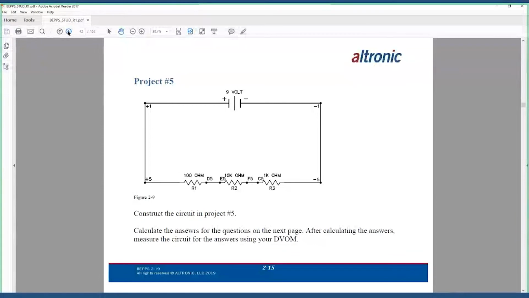But if we add everything back up, 0.081081 plus 8.1081 plus 0.81081, I'm off just a little bit, but 8.999991 volts. So again, modern day calculators aren't even perfect.